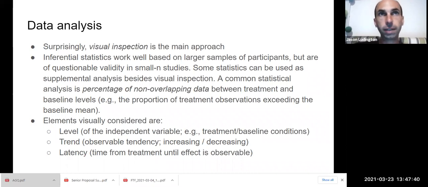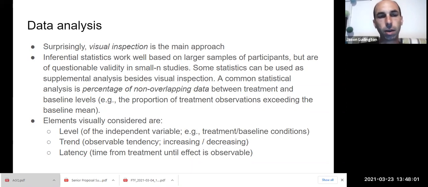Then day 3, 5. Day 4, 5. Day 5, 5. Day 6, day 7, 5, 5, 5. All right. So we can see that the latency took about 3 days. It takes about 3 days for the full effect of the treatment to be observed, you might say.